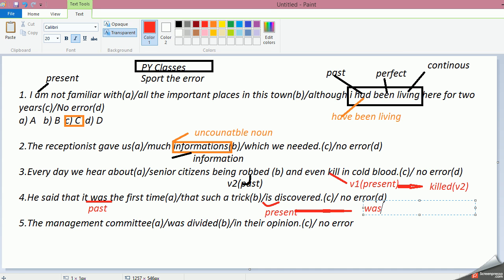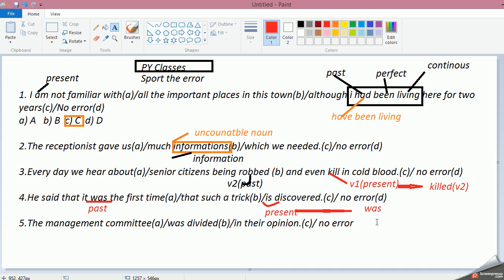Because it is talking in past and again it came to the present, that is not possible. If you are talking in past, then the entire sentence should be in past. So now the correct sentence is, he said that it was the first time that such a trick was discovered. This is correct now.